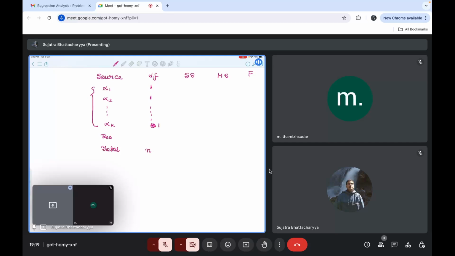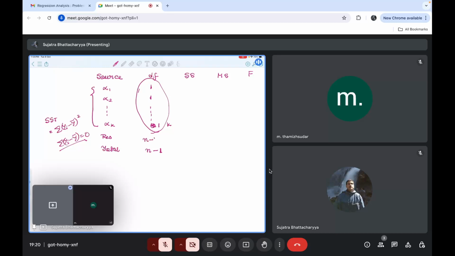And the total will always have n minus 1 because SS total is defined like this, which has one constant. That's why it is n minus 1 degrees of freedom.